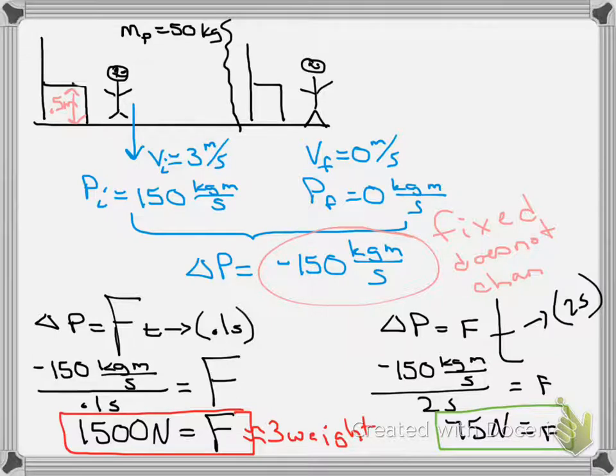And that's much more doable. Or more survivable. Not that you're going to die from this, but boy, it's going to hurt and you might break something. So with the straight knees and nice straight legs, or the bent knees.